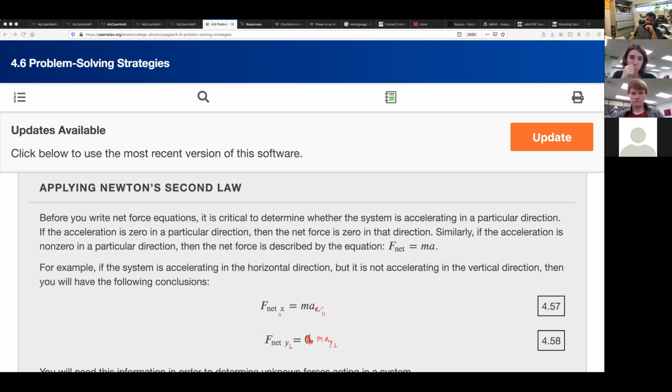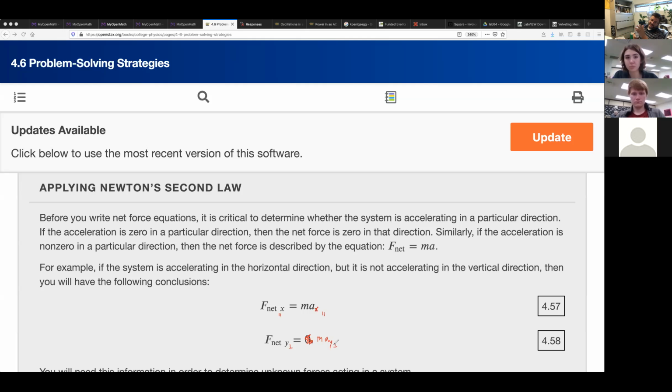Now, sometimes in one of the dimensions, this mass times acceleration will be 0 because the acceleration will be 0 in that dimension. How do you know if the acceleration is 0? Well, if it's going to stay at rest for the entire time you're interested in, of course, the acceleration is equal to 0. But also, if the velocity is not going to change the whole time you're interested in, then you can also say that the net force equals 0 because the acceleration equals 0.